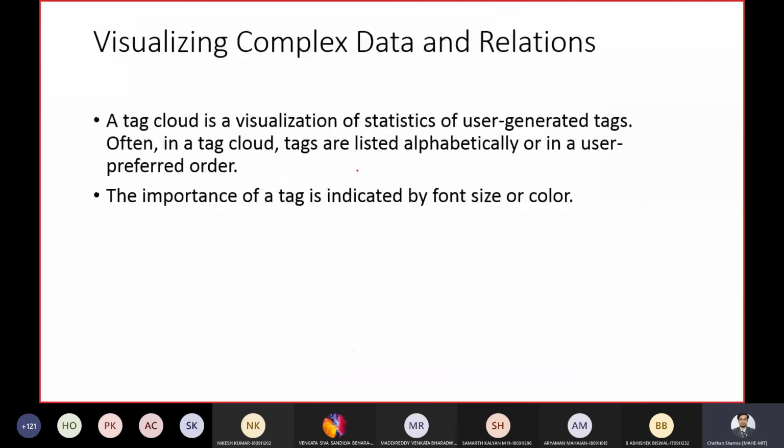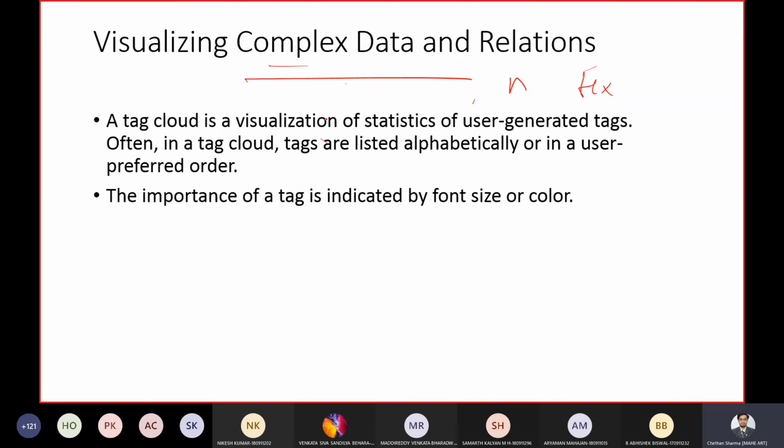Next is visualizing complex data. You can't expect your data to be just numeric in nature. Okay. There is more non-numeric data, such as text in social networks and many other things which are complex in nature and not straightforward. Visualizing and analyzing such data would obviously be of interest to many people, especially in the present generation.